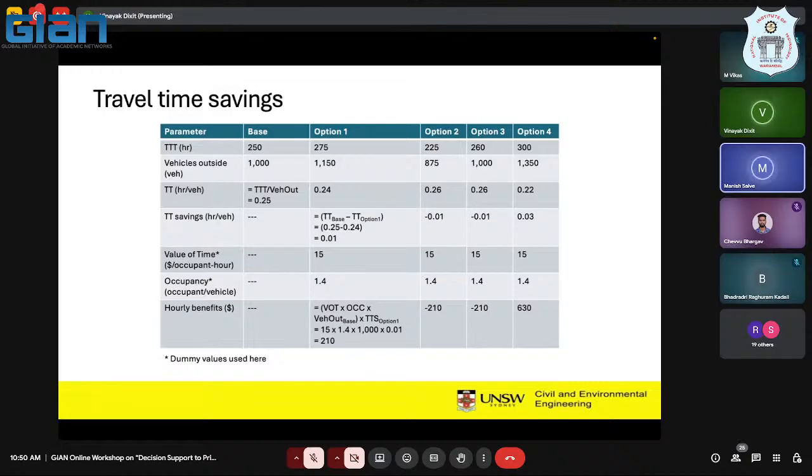You would not be comparing option 1 of 2030 to the base scenario of today, 2025. You want to be comparing them for the same year. Does that make sense? Okay. Got it.